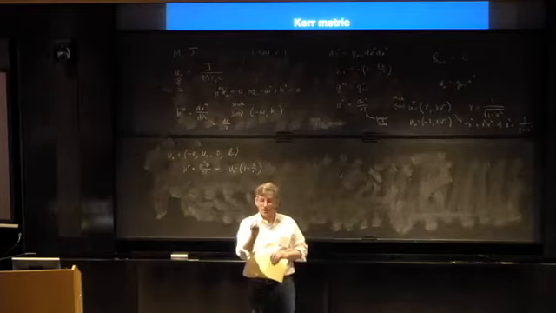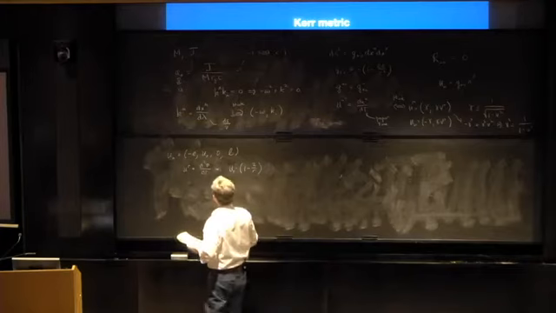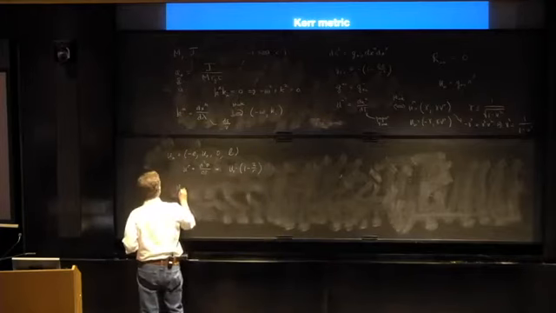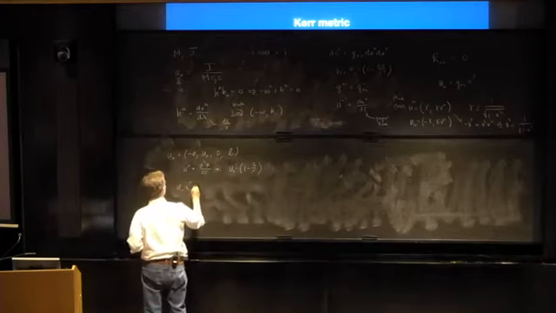This will allow us to find where the innermost stable circular orbit is and make some other deductions about orbits in this equatorial plane. So what I'm going to do is use this condition, and this is equal to u mu g mu nu u nu.